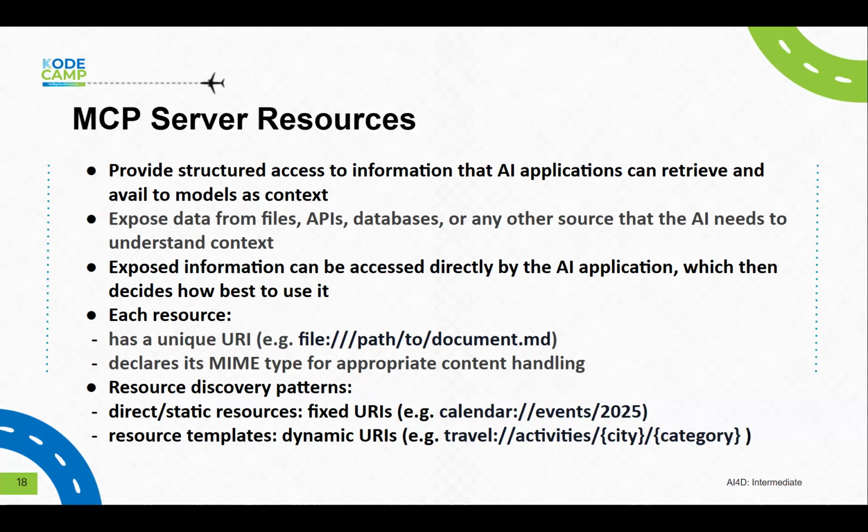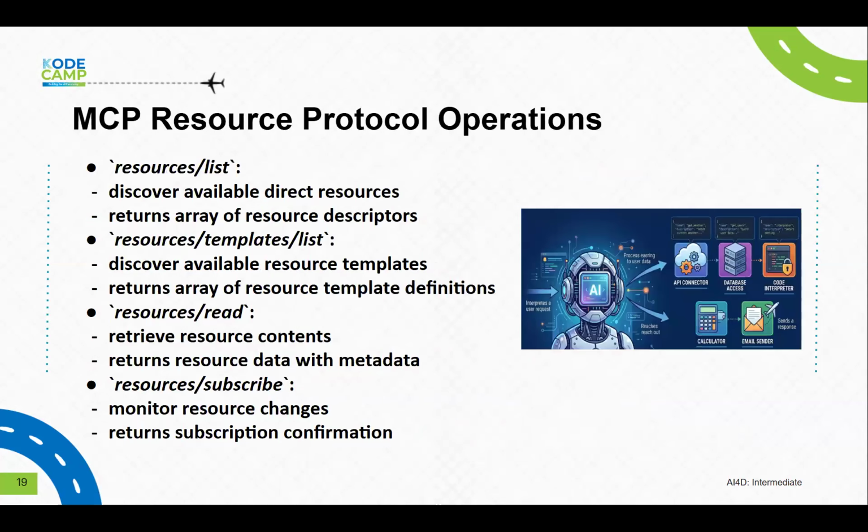All right, continue. Now, the protocol operations on MCP resources include the resources list operation, which is used to discover available direct resources, and it returns an array of resource descriptors. There is also the resources templates list protocol operation, which is used to discover the available resource templates.